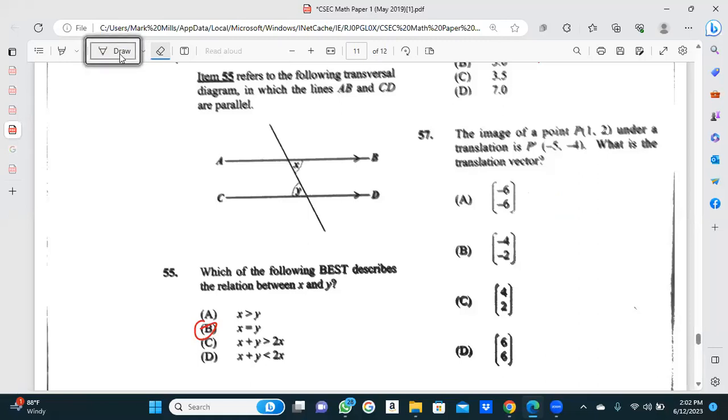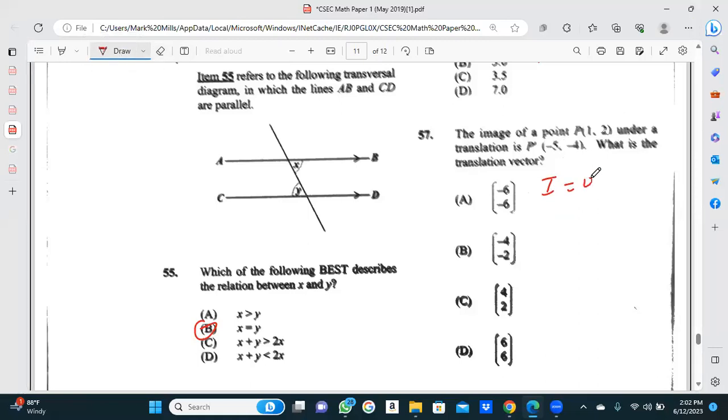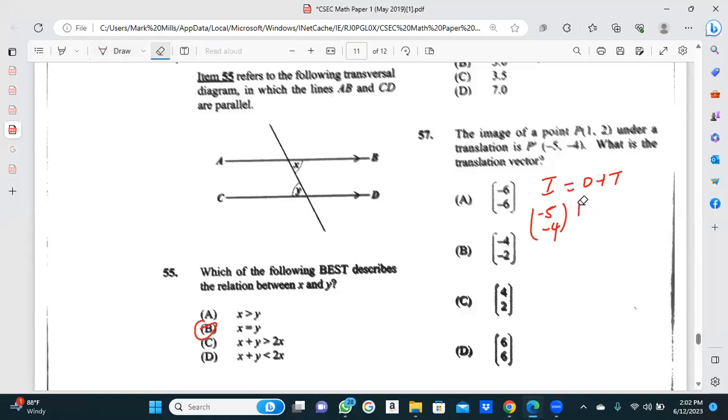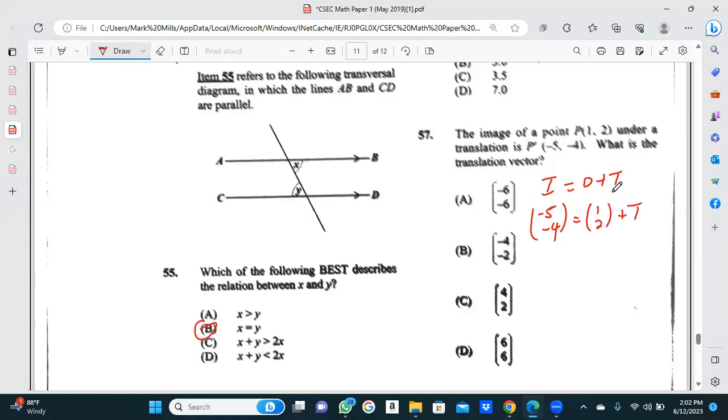They gave me the image, which is equal to the object plus translation. The image is -5, -4. I'm looking for the translation, so it is equal to the image minus the object, which is 1 and 2.